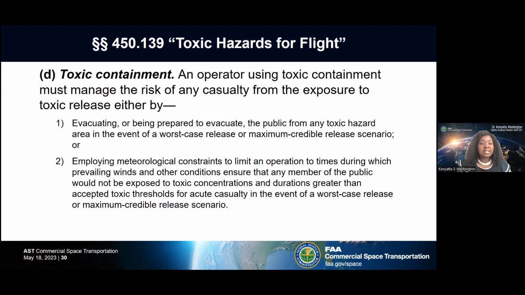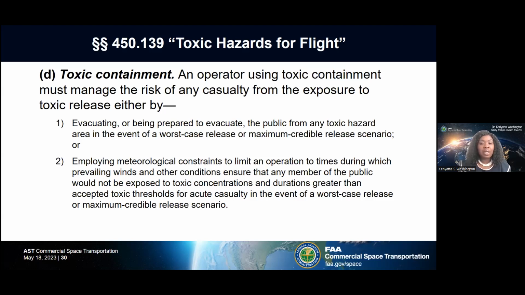To demonstrate toxic containment, an operator using toxic containment must manage the risk of any casualty from the exposure to toxic release by one of two things. Number one, evacuating or being prepared to evacuate the public from any toxic hazard area in the event of a worst-case release or maximum credible release scenario.